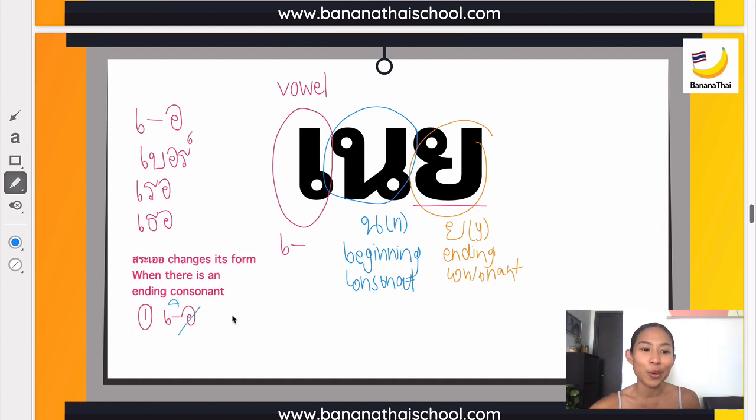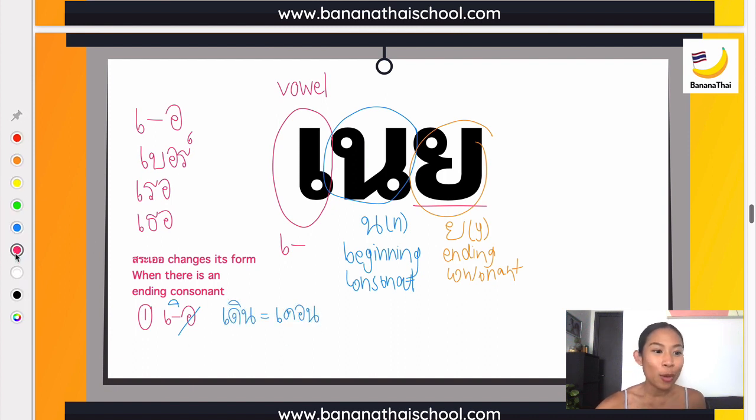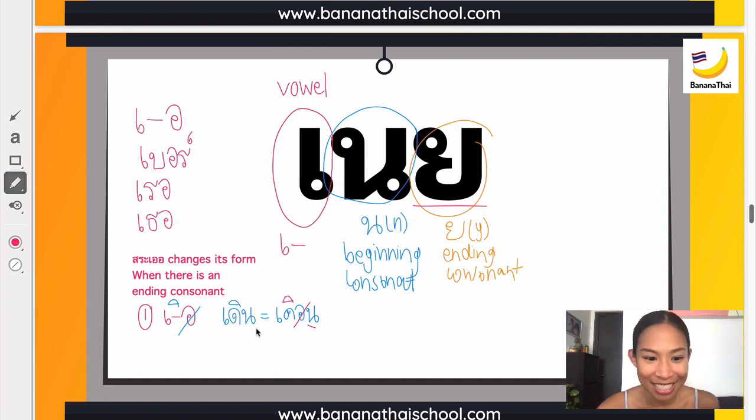For example, the word เดิน. You might think it should be written like this, with an ending consonant, but no. When there is an ending consonant, o-ang moves up to be sara i. That's why เดิน has the sara ə sound and no o-ang.